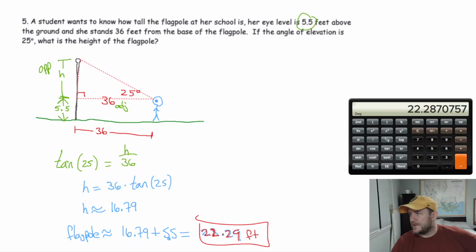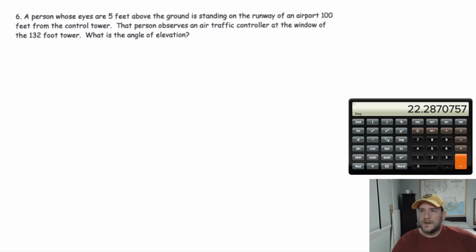Moving on. Number 6. It says a person whose eyes are 5 feet above the ground is standing on the runway of an airport, 100 feet from the control tower. That person observes an air traffic controller at the window of the 132-foot tower. What's the angle of elevation? Okay.